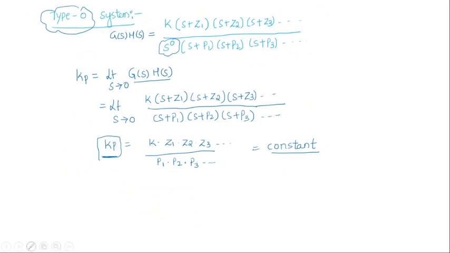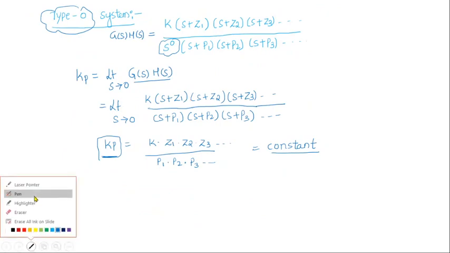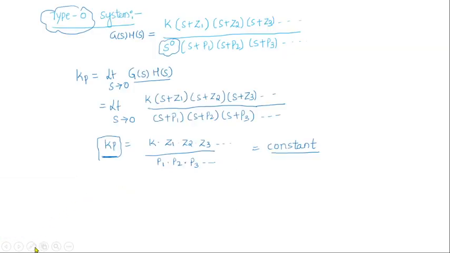So if you want to write the steady state error for this one, the steady state error for the unit step signal is ESS equal to 1 by 1 plus Kp.